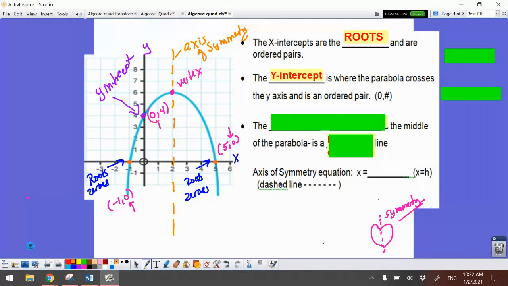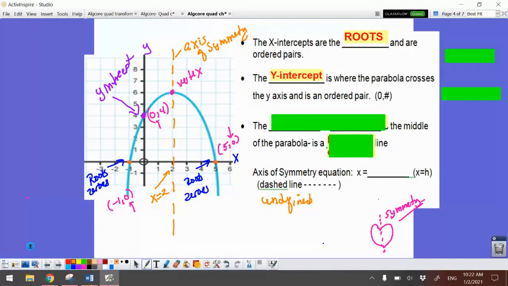It goes through the middle of my parabola, and it always goes through the vertex. It is an undefined slope, and since it is undefined, it's always going to be x equals. So this one, if I look, it's crossing at 2. So this is x equals 2.